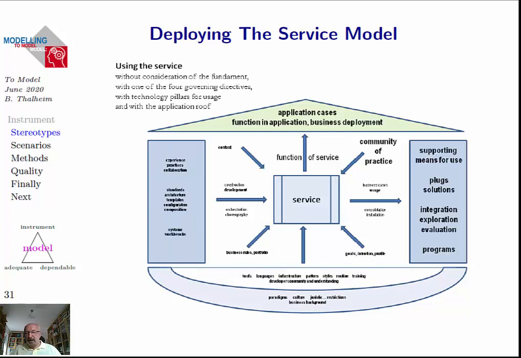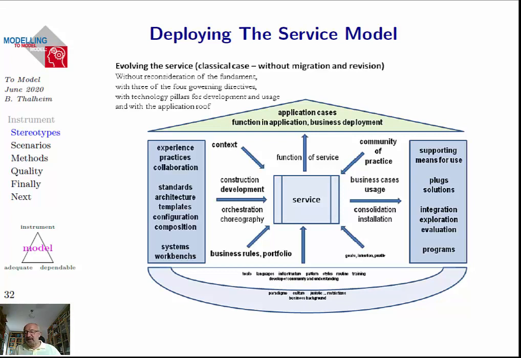If we go now for the next phase, to use the service, then of course we have to have a proper bundle of methods that we can use the service. In this case, we of course target a proper support for the application cases, and we consider the service within the functions the service has to play within the business deployment. If you go now further, then we can say, fine, we would like to evolve the service.